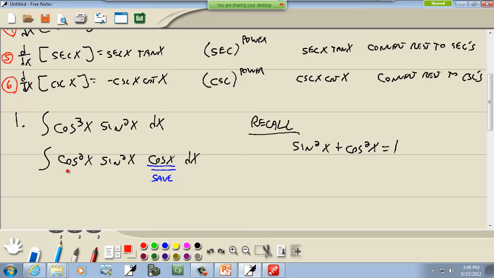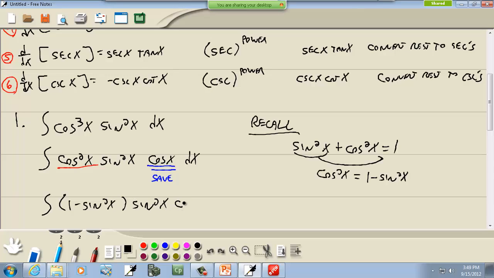Well, if I take the sine squared to the right side, then cosine squared is equal to 1 minus sine squared. So in this problem, I can rewrite cosine squared as 1 minus sine squared. And everything else carries down. Again, the blue indicates that's the part we're saving.